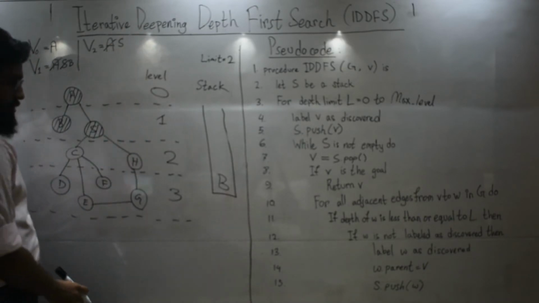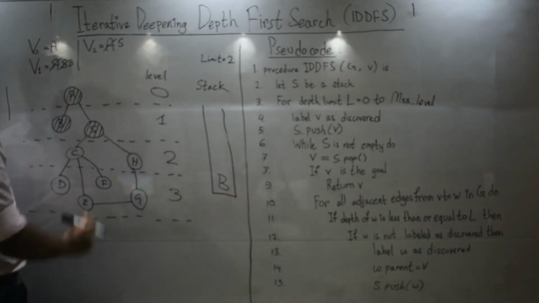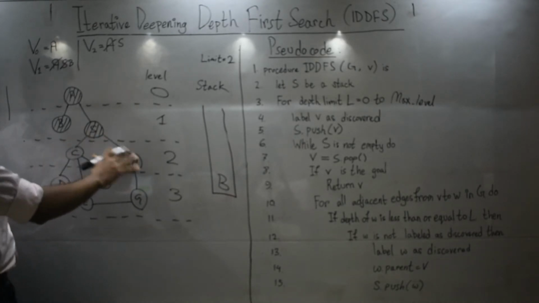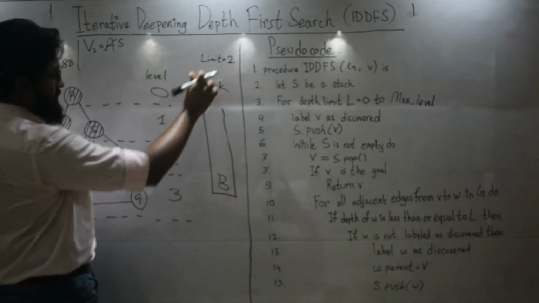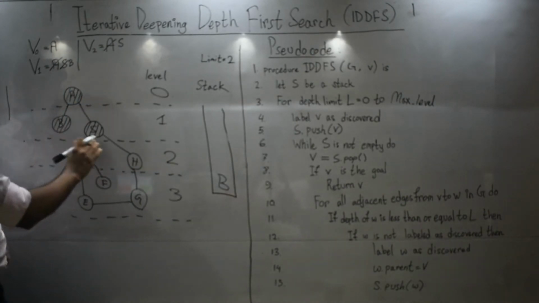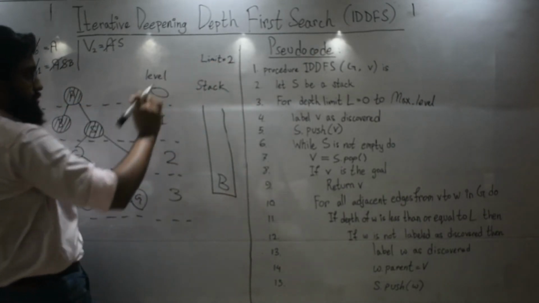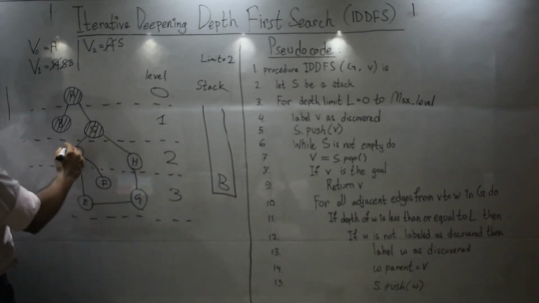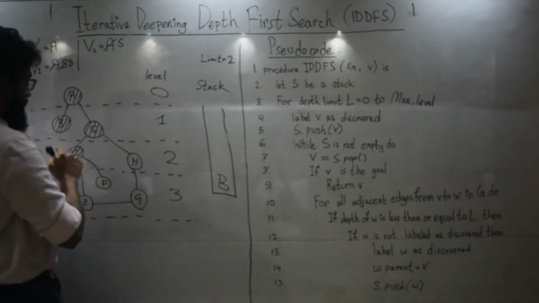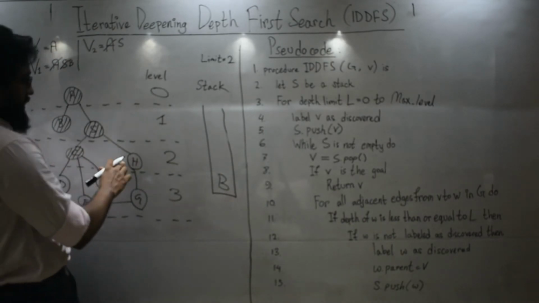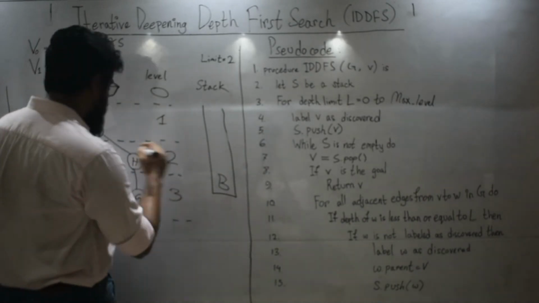S. Now for S, what are its neighbors that are not visited and within the limit? These are the neighbors, they are within my limit, limit is 2, they have level of 2, and they have not yet been visited. So let's visit C, label it as discovered, and then push.